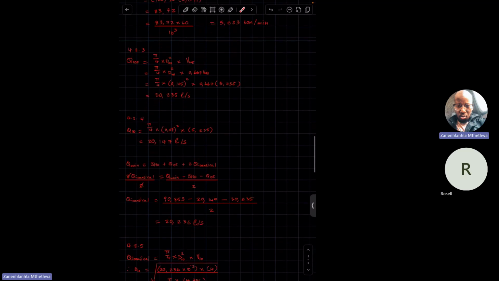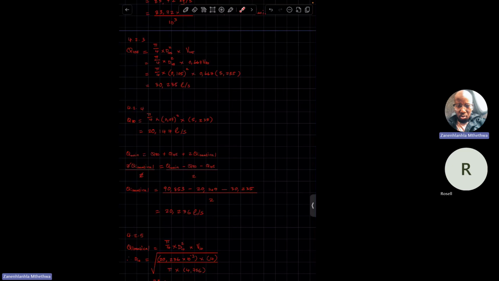Right. So first thing is, you first calculate the Q through the 70 millimeter diameter pipe. You have the diameter there, it's 0.07. We are also given the velocity there, which is 5.235. And then in liters per second, this is what we get.